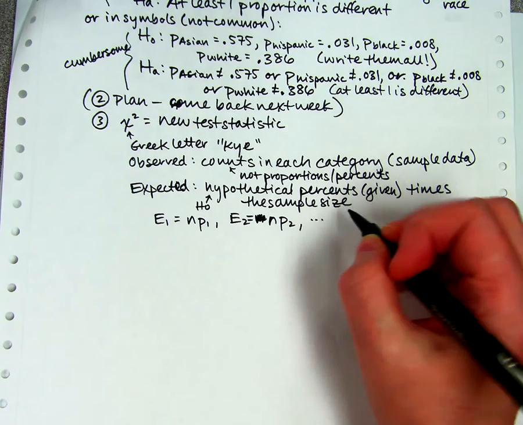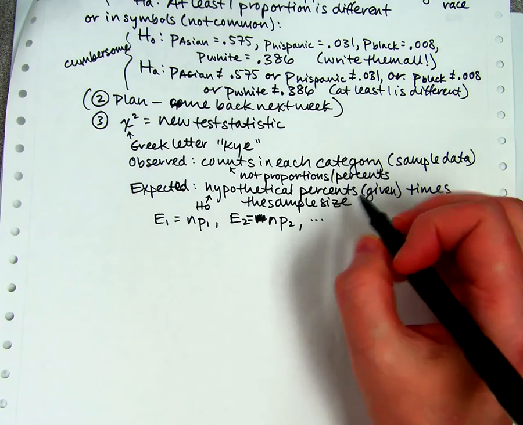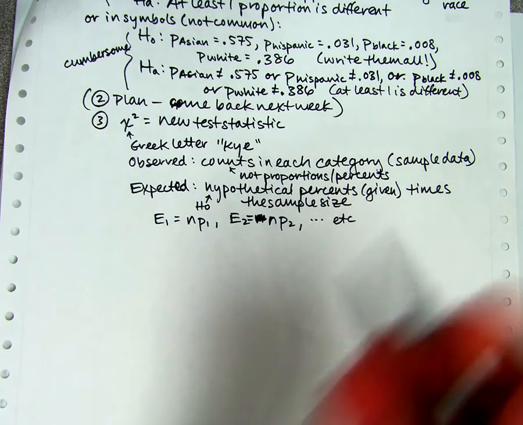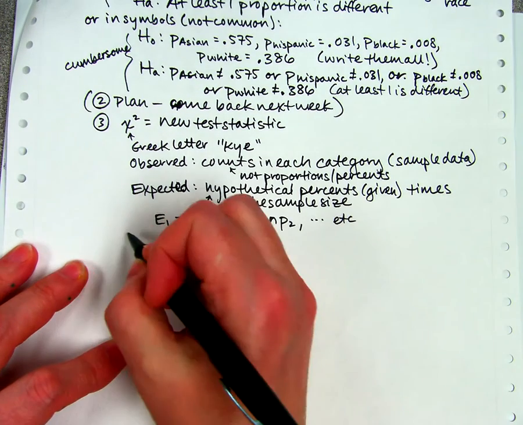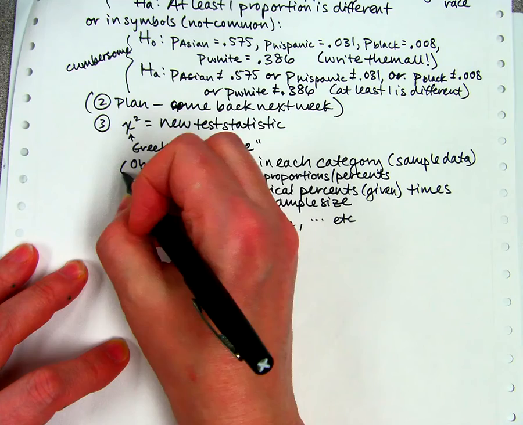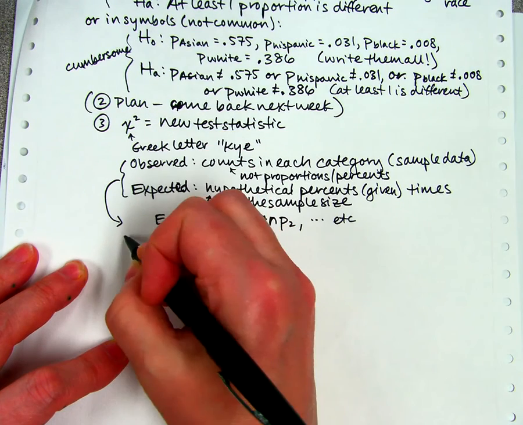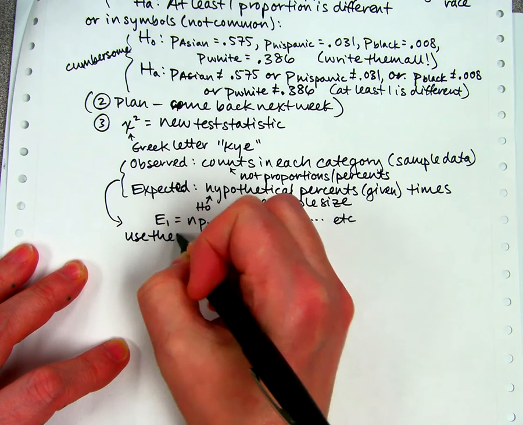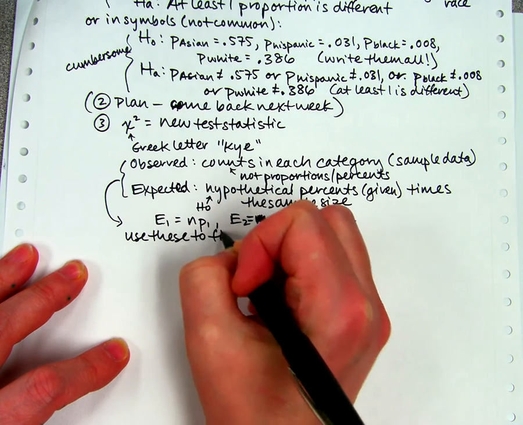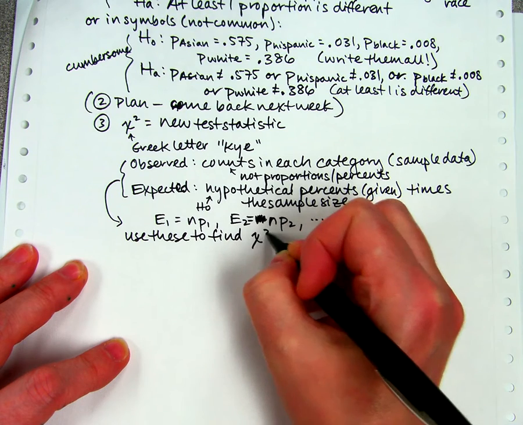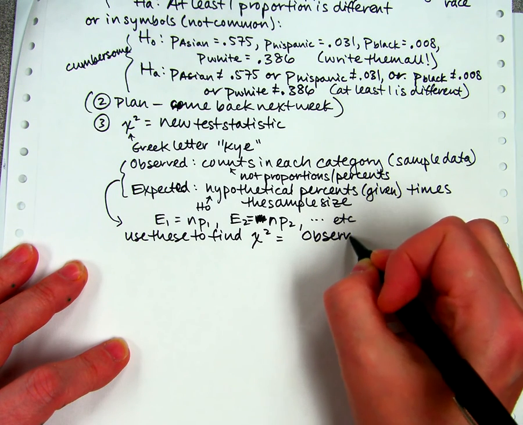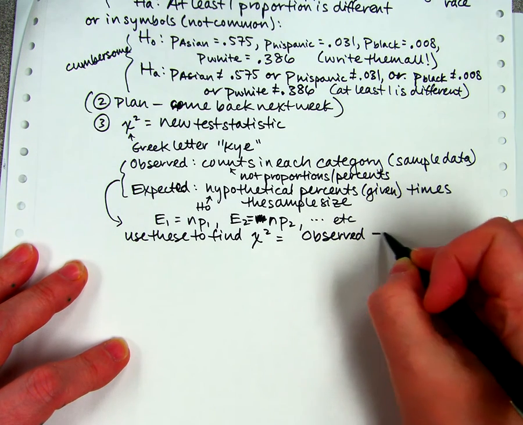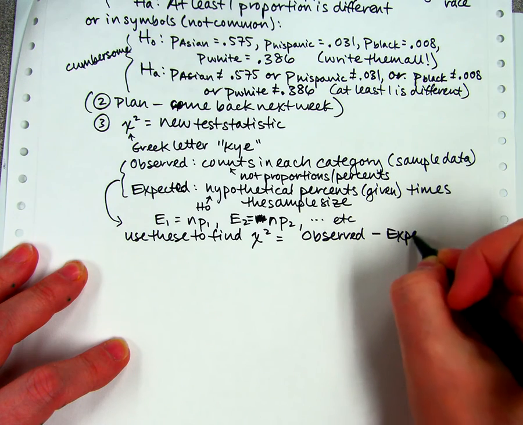You actually did that in the warm-up, and hopefully it made sense to you at the time. You do that for each category. And then you combine these to calculate chi-squared. You use these to find our test statistic chi-squared, and it is officially the observed counts minus the expected counts.